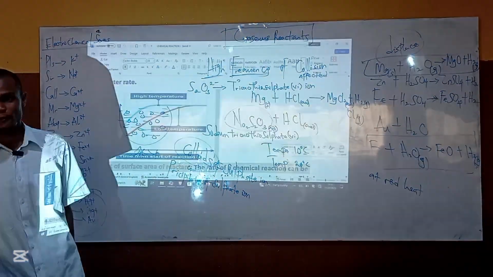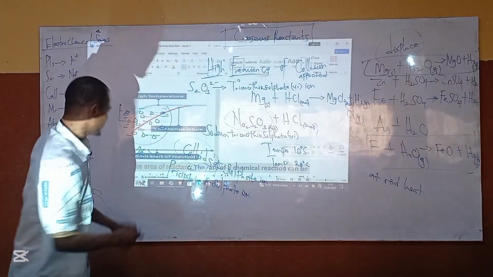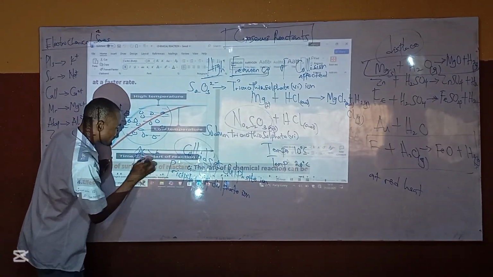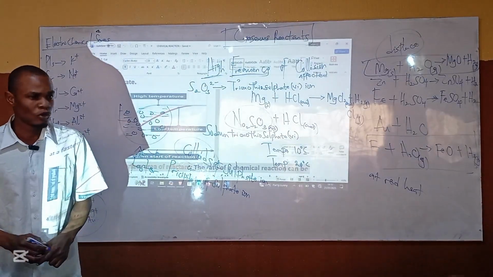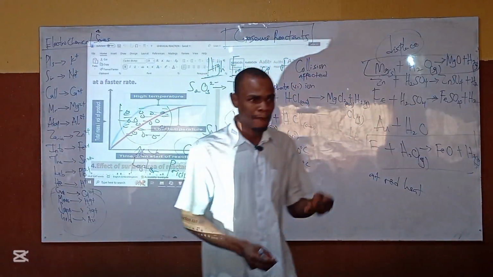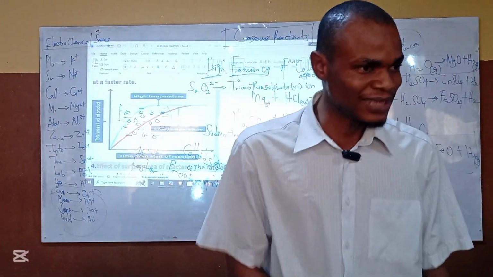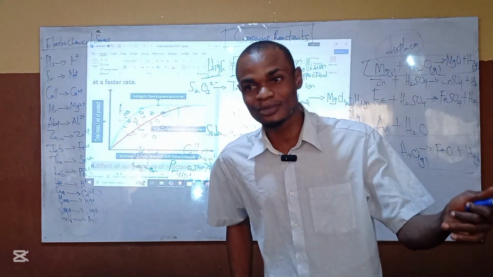So at a higher temperature, there will be a faster precipitate of sulfur, or a faster colloid of sulfur in the mixture, in the reaction.